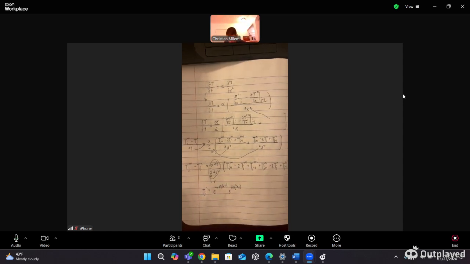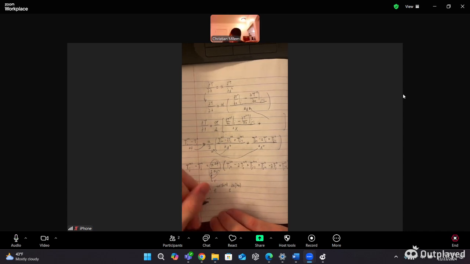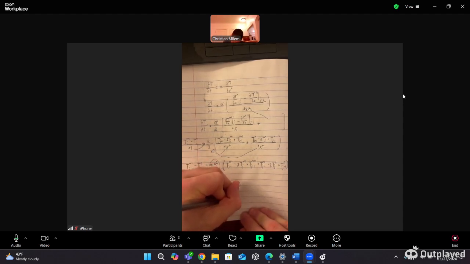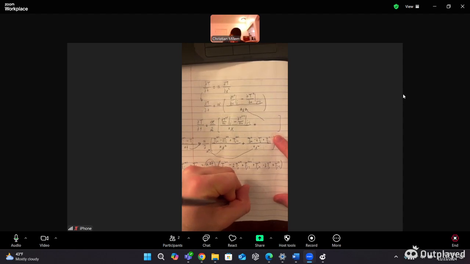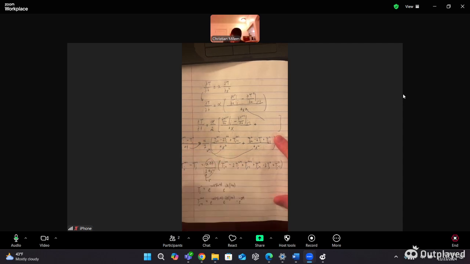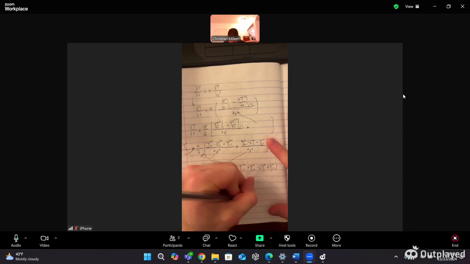So then that means that something like t n plus 1 j plus 1 equals e to the negative alpha k squared n delta t, e I k j delta x, times e negative alpha k squared delta t, e I k delta x.